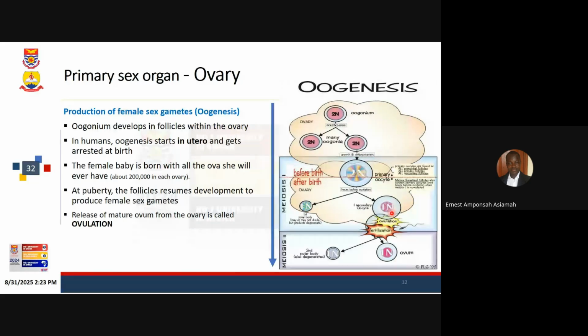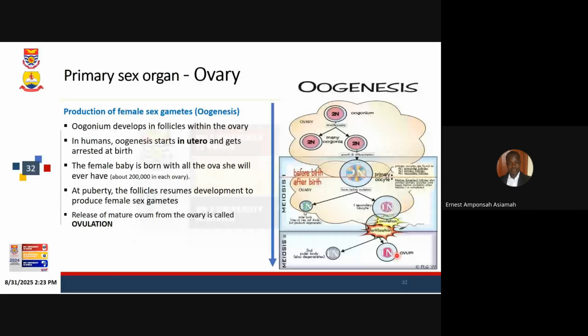So when the baby is born, we have primary oocytes. Now, at puberty, the primary oocyte will continue with division to form what you call the secondary oocyte. That is more like meiosis 2, the second meiotic division, but it does not complete meiosis 2. It only completes it immediately after fertilization, when the sperm cell makes contact with the egg.